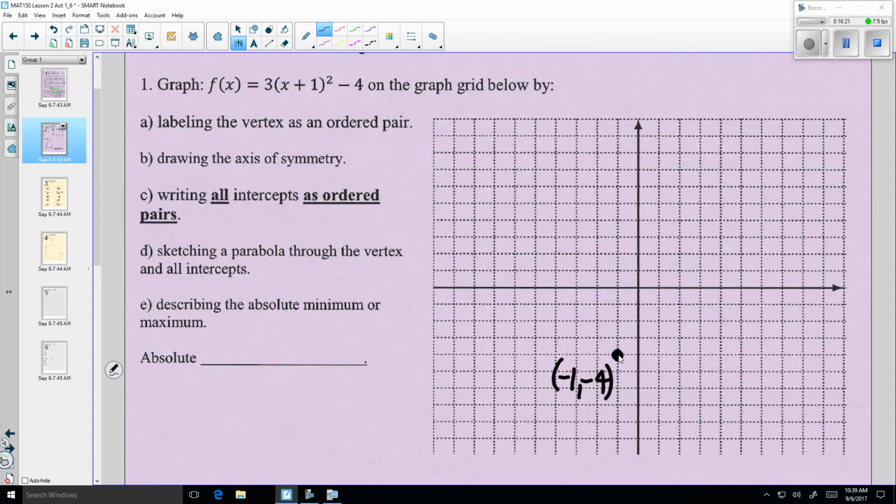Let's do our x-intercepts at -2.20 and 0.20, and our y-intercept at 0, -1. Let's draw our vertical axis of symmetry for this graph, that vertical folding line that the graph seems to fold across symmetrically.